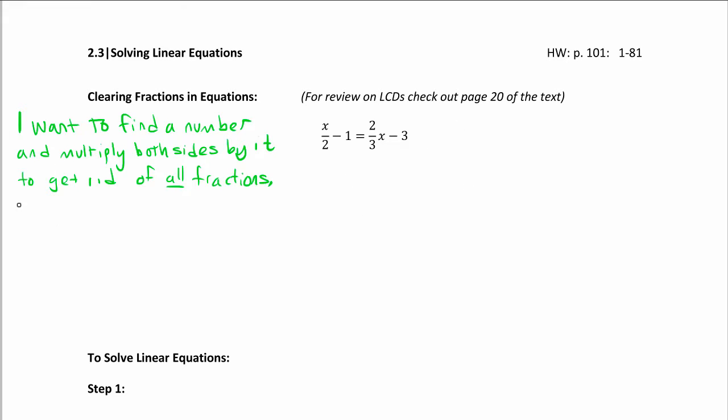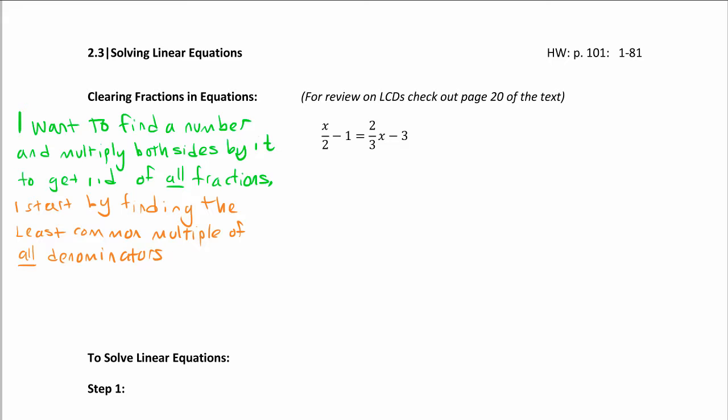I start by finding the least common multiple of all denominators.